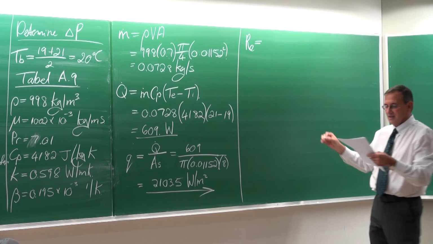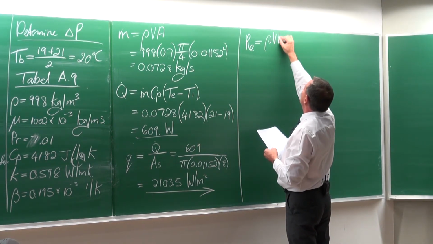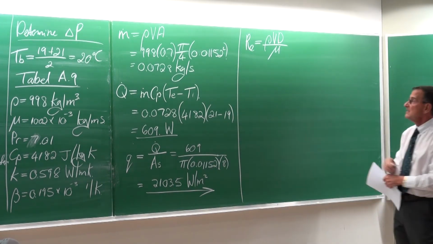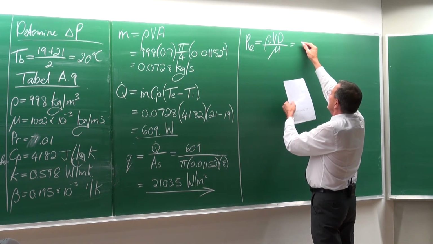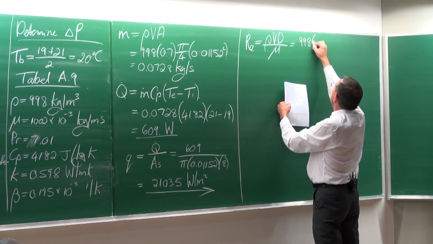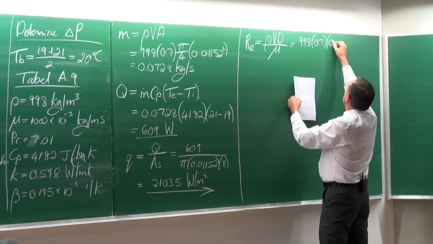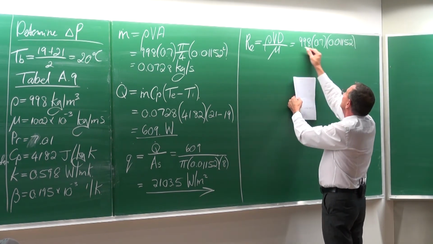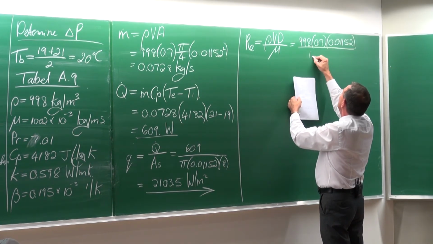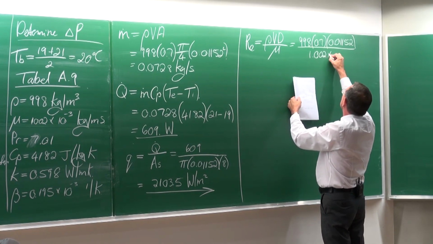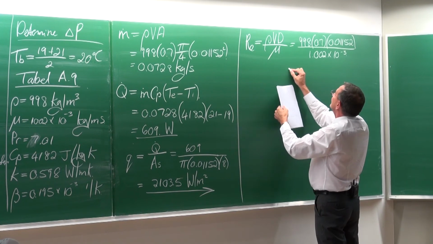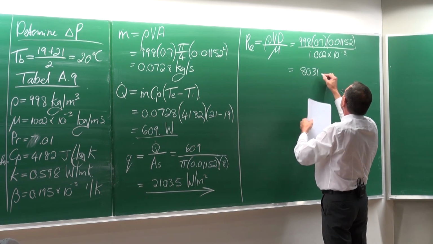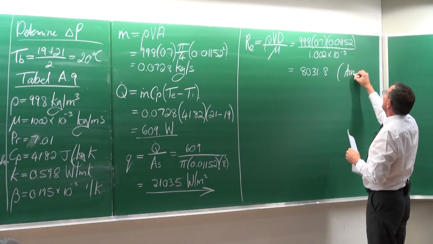The Reynolds number is equal to the density multiplied by the velocity multiplied by the diameter divided by the viscosity. The density is 998, the velocity is 0.7, the diameter is 0.01152, divided by the viscosity, which is 1.002 multiplied by 10 to the minus 3, and that is equal to a Reynolds number of 8031.8, which means the flow is turbulent.